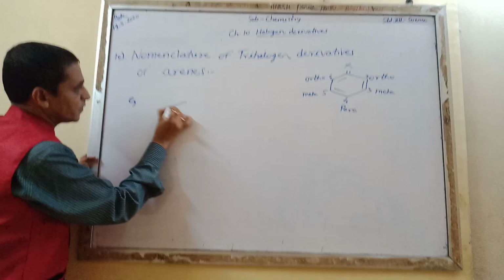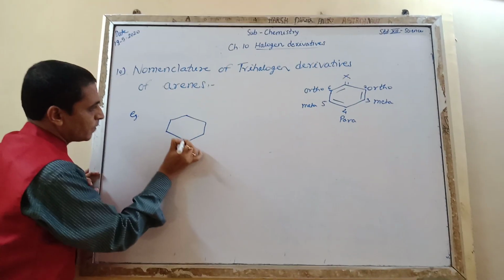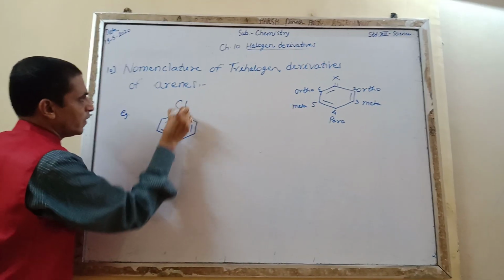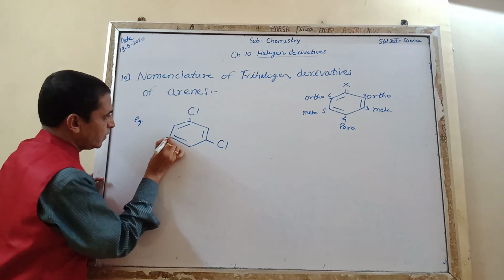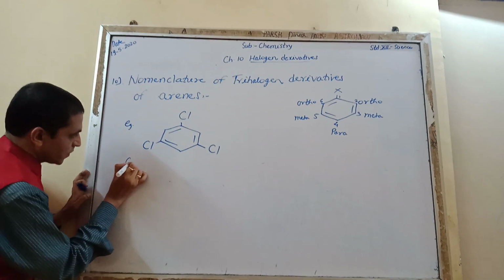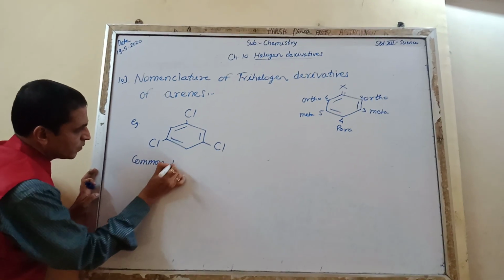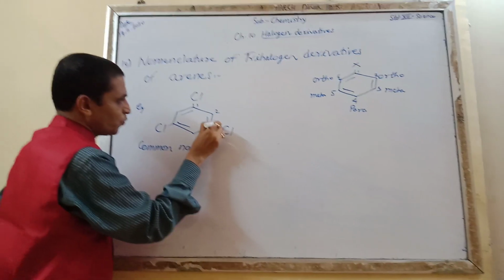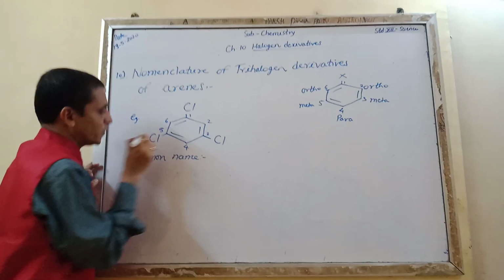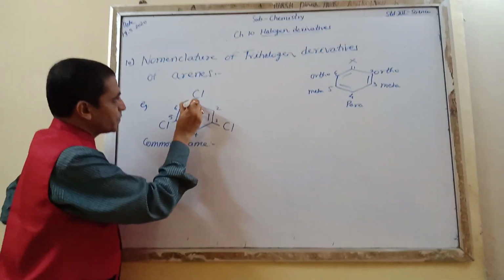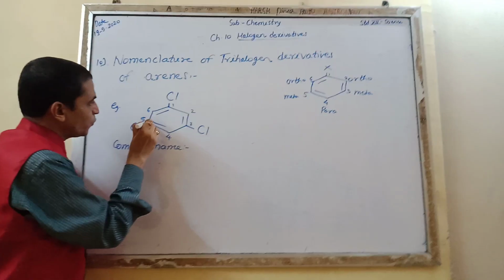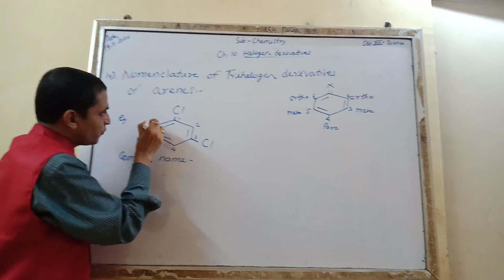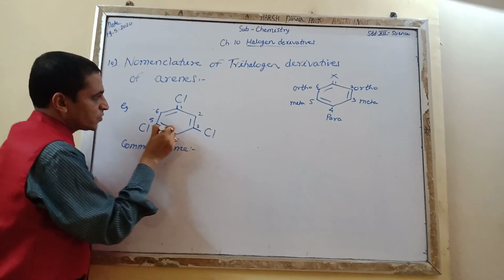Again, we can take only one example. Put Cl, Cl and Cl for this common name. Here 1, 2, 3, 4, 5, 6. I can write Cl here for 1, 3 and 5. This portion, they are what? Symmetrical, because if you draw one line this way, it divides the structure into two equal parts.